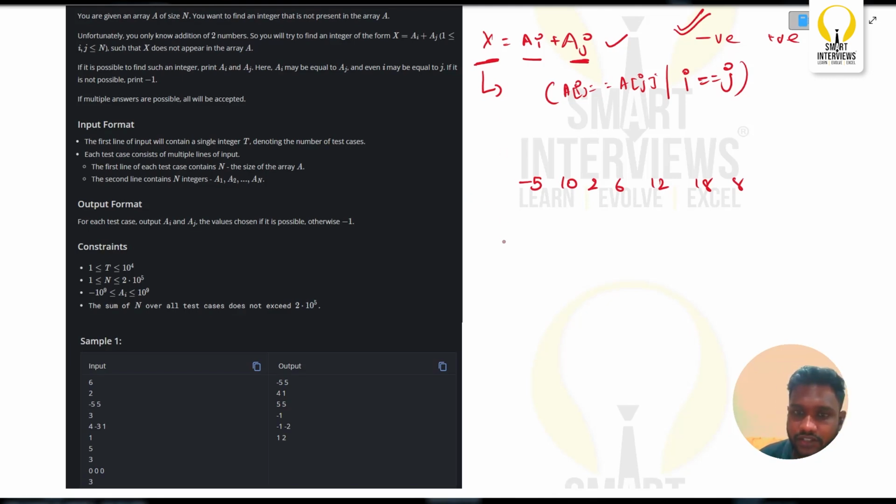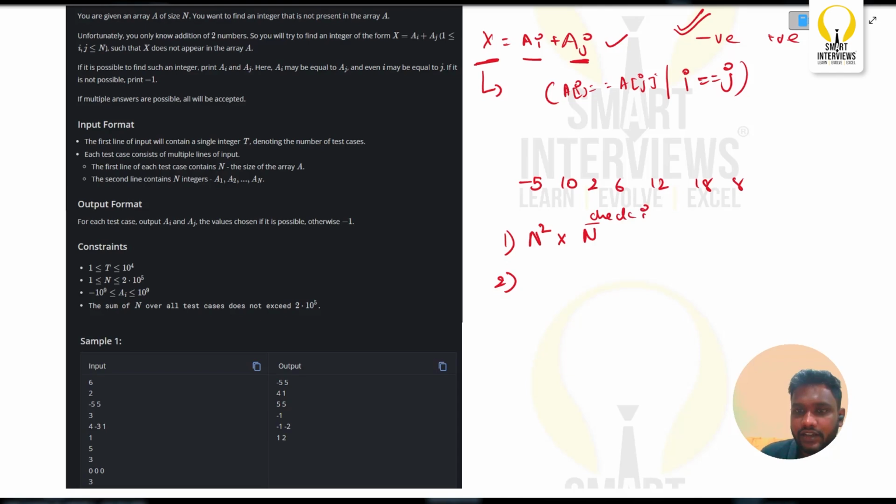So one solution is we try to generate every possible pair and check if the other number is in the array or not. For generating every possible pair, n square time, and n time to again check if it is there in the array or not. Okay, this is one way to do it.